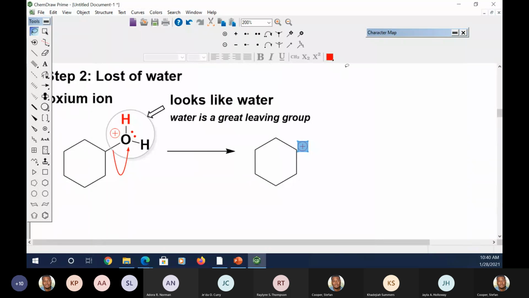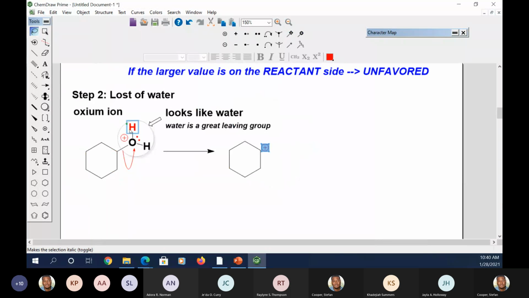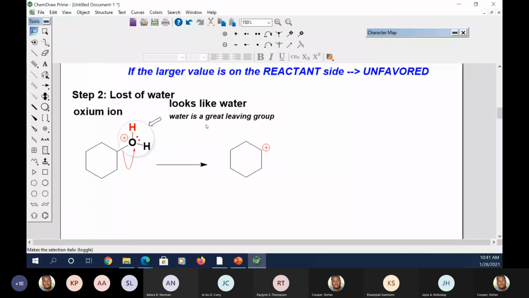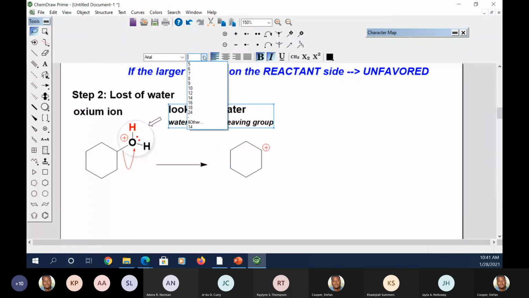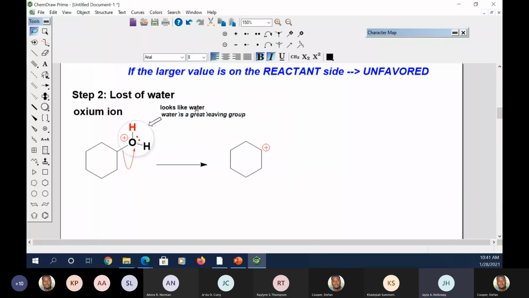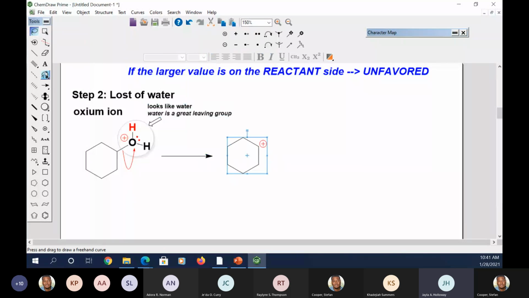All right, so I lost water. Let's back out a little bit. Let's take a look at this full thing. All right, water just left. I formed a what species here? Carbon cation. And I have a byproduct.